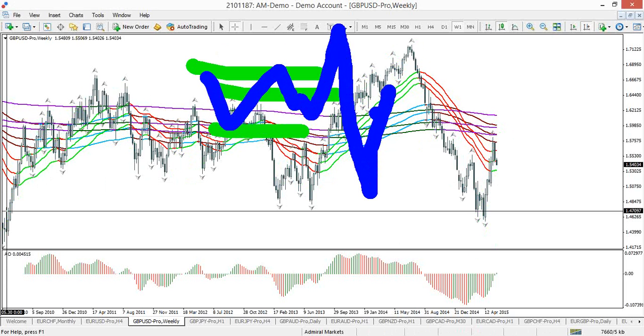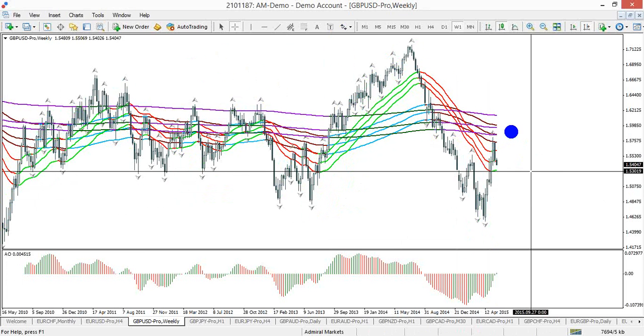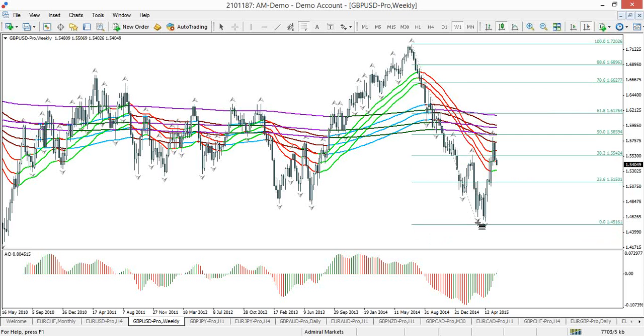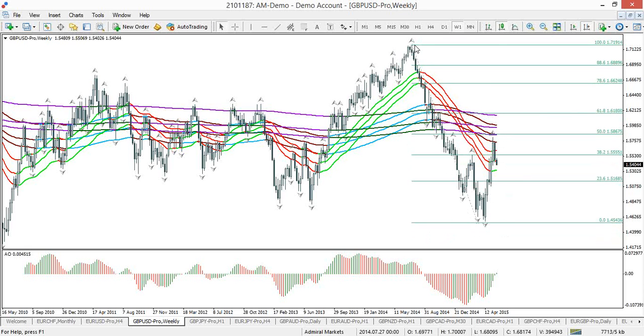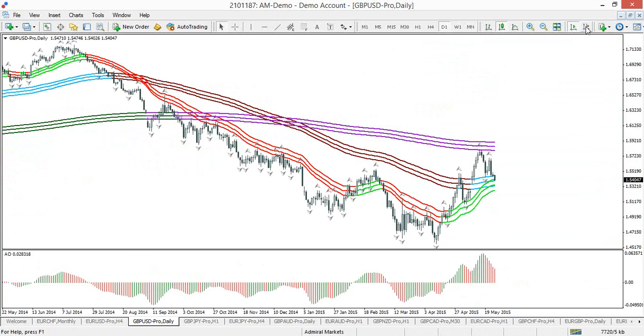You have kind of this vibe that I just showed you with the colors here, and there's not much of a trend. So with the pound dollar max, we can say that price hit the 50 fib perhaps, and it could be a resistance spot for downside. But otherwise, the moving average is not really helping us much.